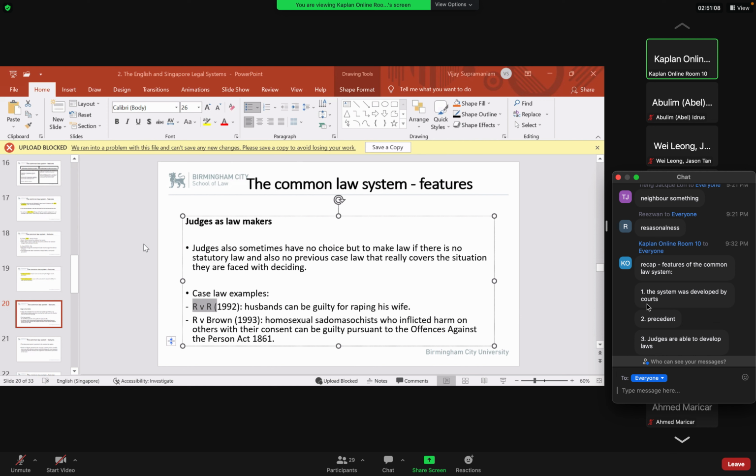The status of women has changed. So saying that in a marriage, women consent to everything is not the modern concept of marriage.